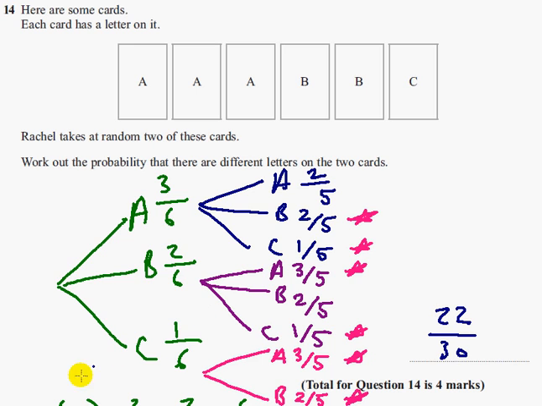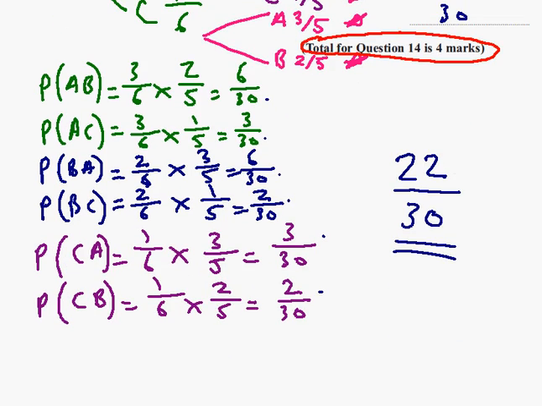Okay, now this is a big 4-mark question. Let's see where you get those marks from. So if you go down to the calculations, the first 3 are method marks. The first method mark comes from seeing any of these multiplying through the branches to get you these probabilities at the end.